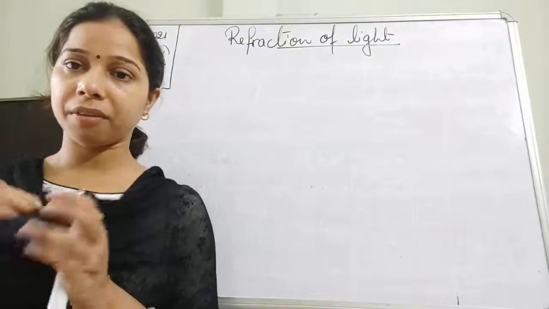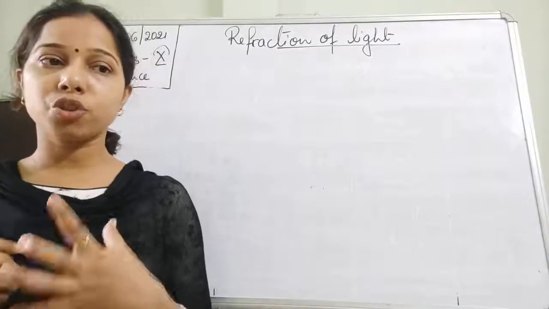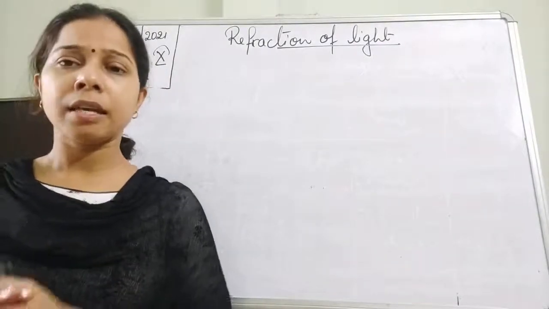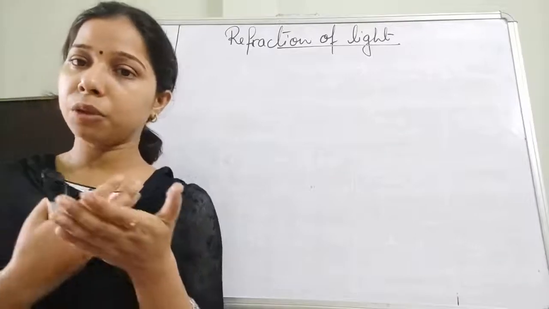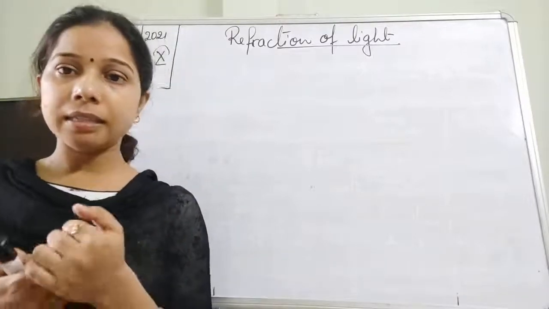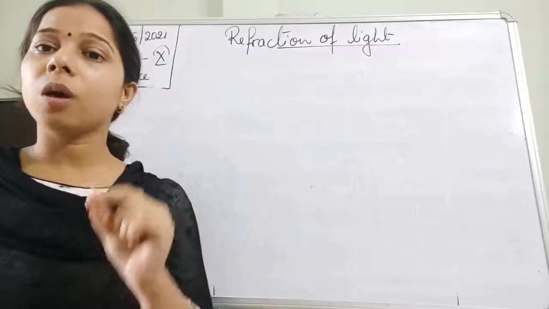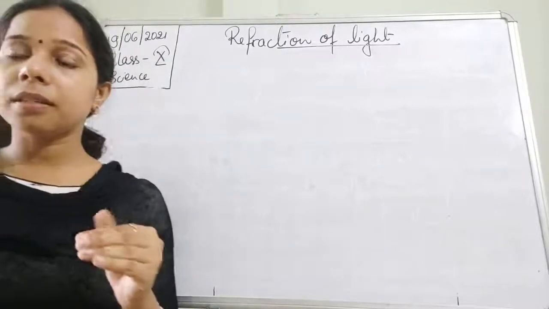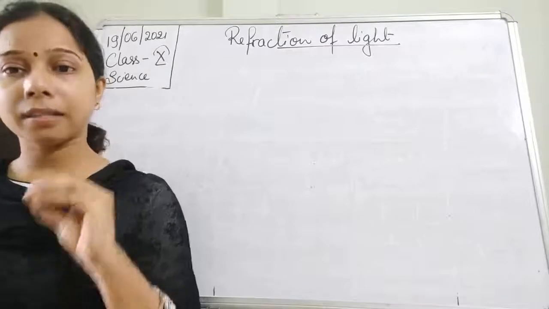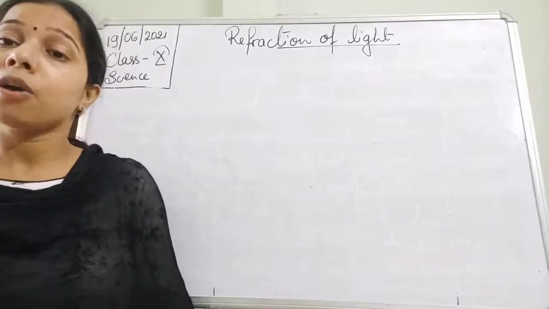Suppose you are given a lens and you have to check whether it is a concave or convex lens. You just take that lens near your book words and see it. If the words appear larger, then it is a convex lens. If the words are appearing smaller, diminished, then it is a concave lens.